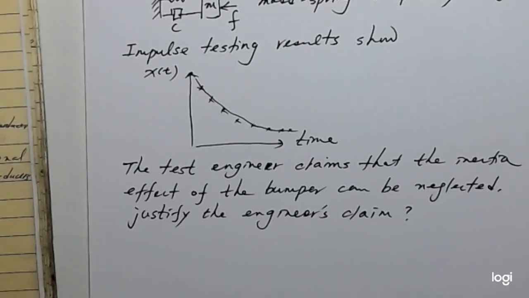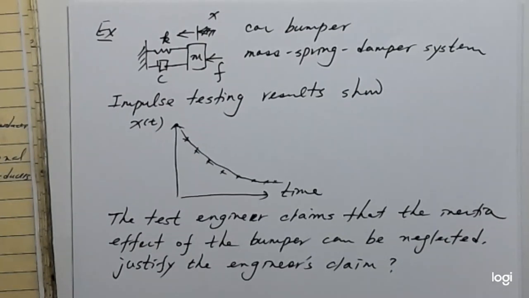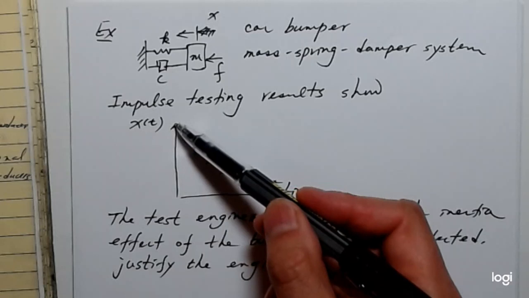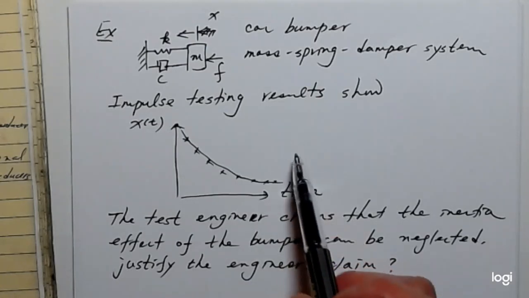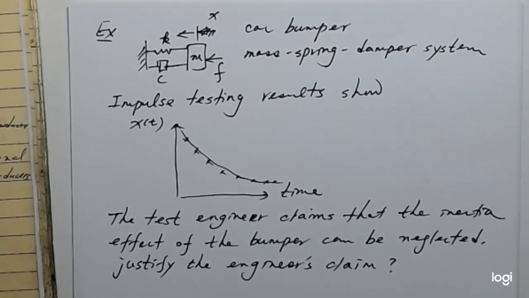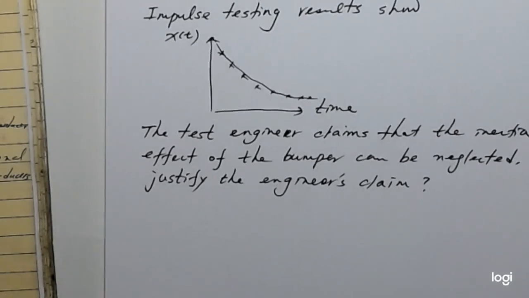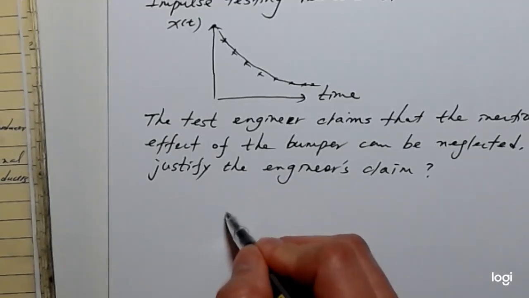So I have an impulse response showing this curve, looks like exponential. So supposedly based on the car bumper mass spring damper model, let's do a quick modeling.